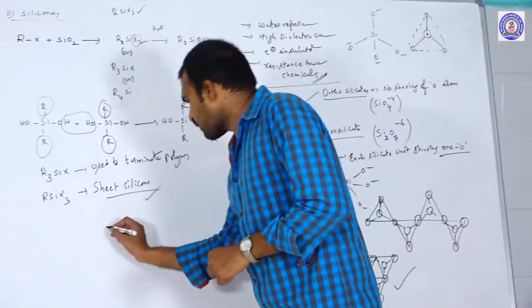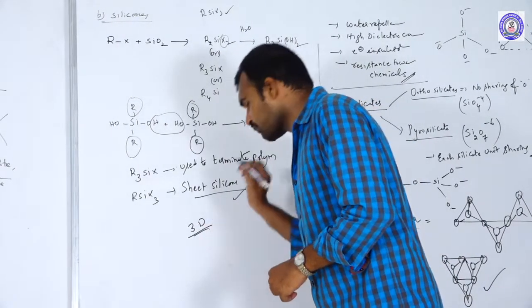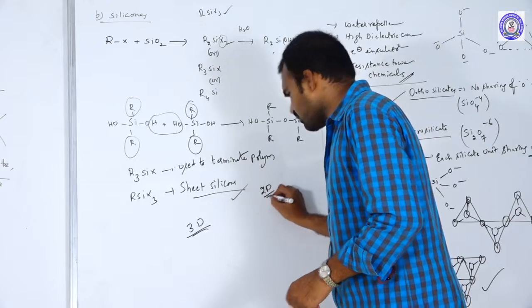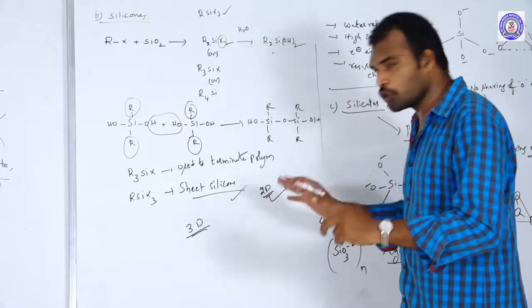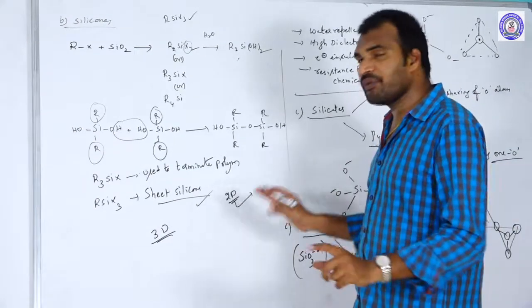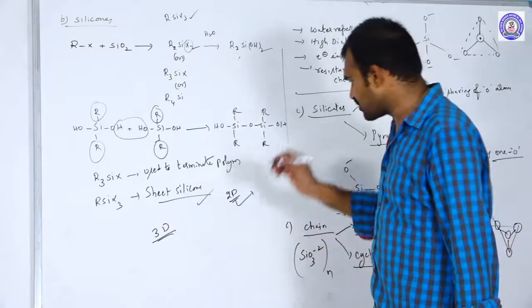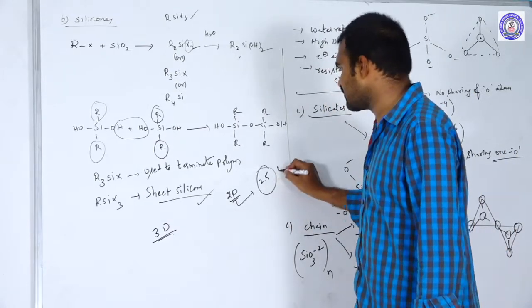And the last ones: three-dimensional and two-dimensional. Just remember one point. In two-dimensional silicates, how many oxygens does each silicate share? Just remember that it is 2.5 oxygens.